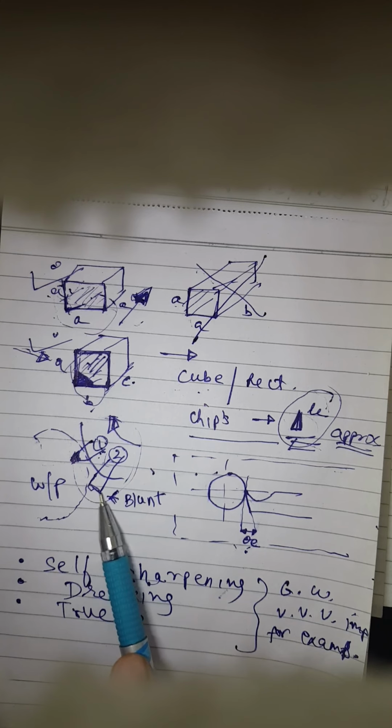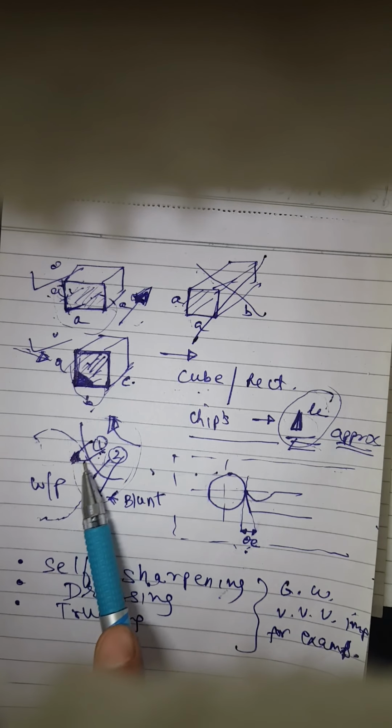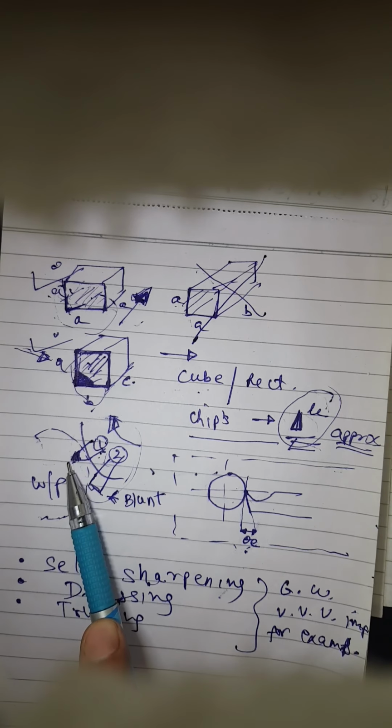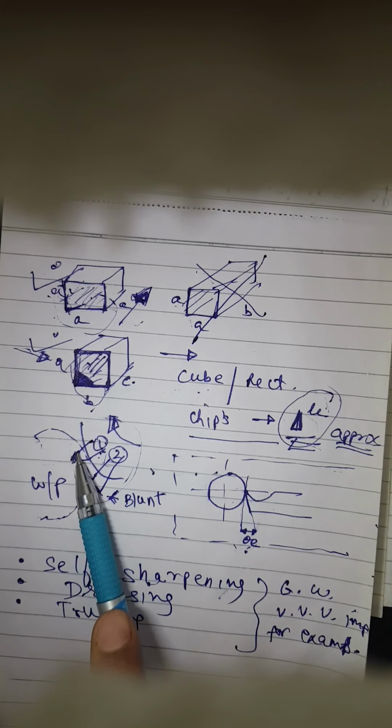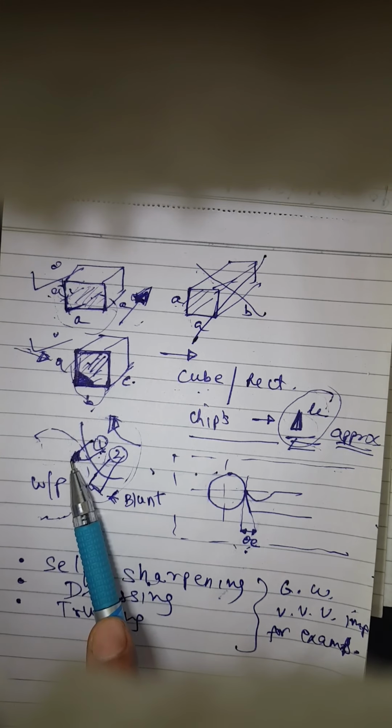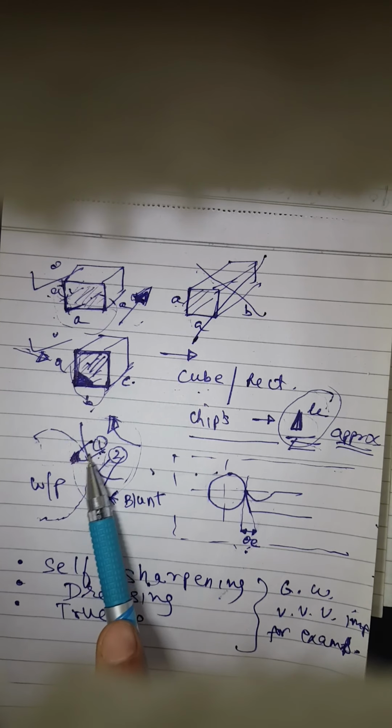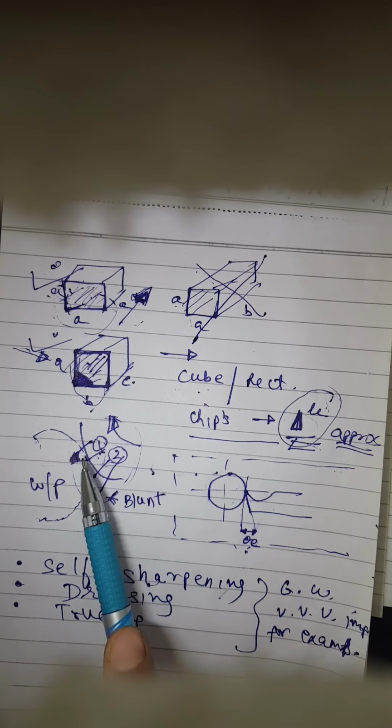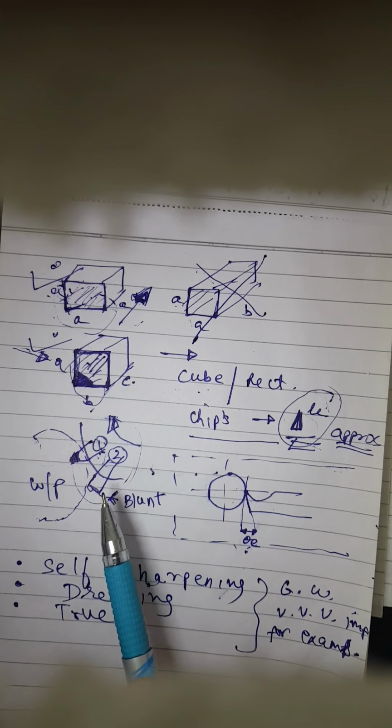When this blunting takes place, when this particular edge wears off, there would be rubbing action taking place, and because of the rubbing action, the forces on this particular particle or the abrasive would increase. And I'm not only taking an example of this particular abrasive number 1, but it may be the case for all the abrasives. This is what happens for all the abrasives. Fine.